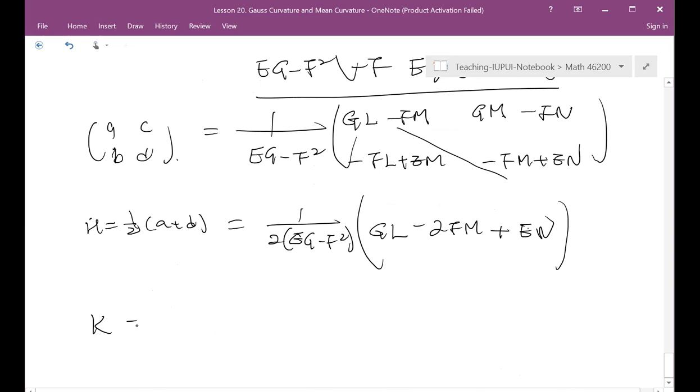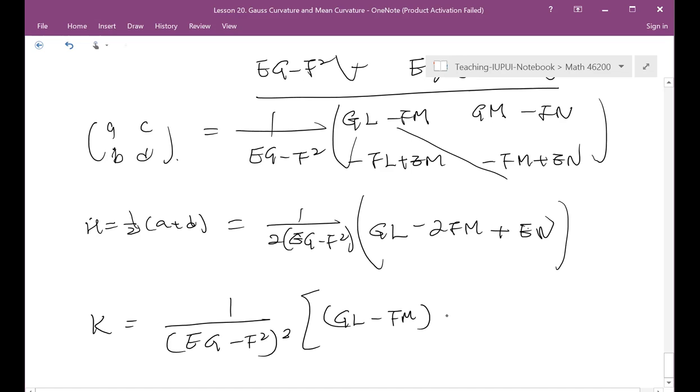Now, the Gauss curvature is the product of those two. At the very beginning it's complicated, the product. So it will be GL minus FM, times negative FM plus EN, minus GM minus FN, times negative FL plus EM.